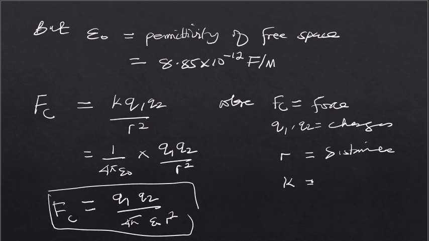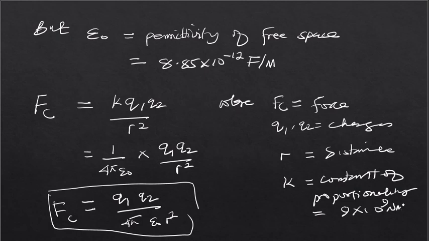Recall that we have K to be constant of proportionality, which is the same thing as 9 times 10 raised to the power of 9 Newton meter squared per Coulomb squared. I think the last parameter that we have here is the epsilon naught, which is this permittivity of free space, 8.85 times 10 raised to the power of minus 12 F per meter. So this is basically what we have from that aspect.